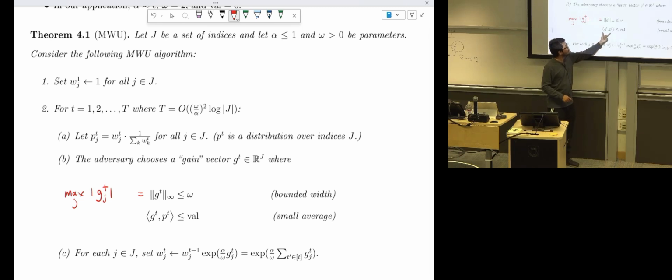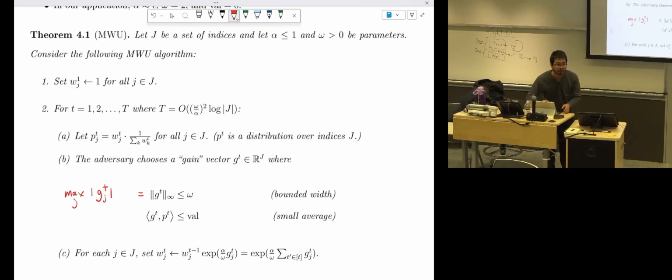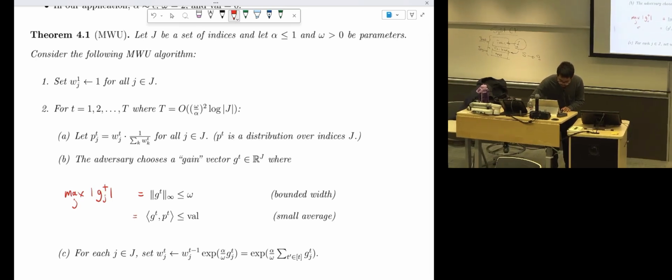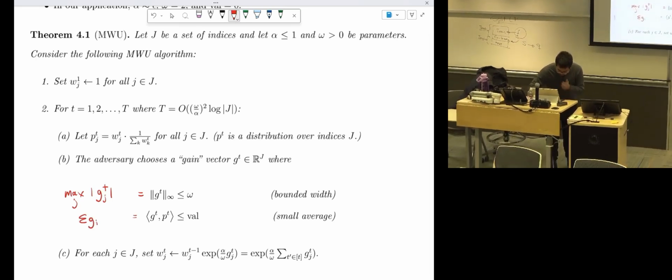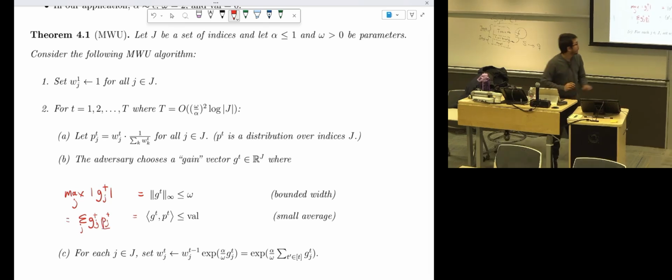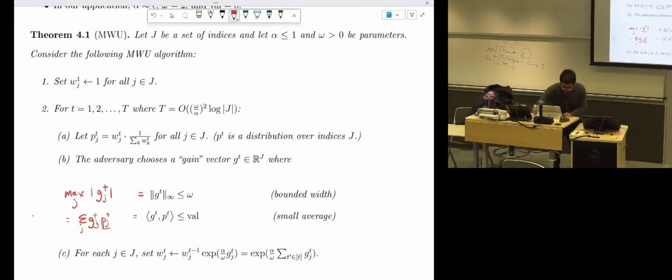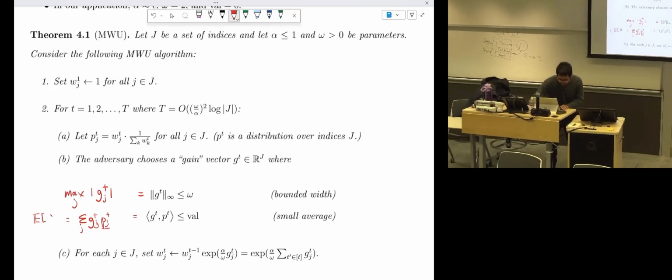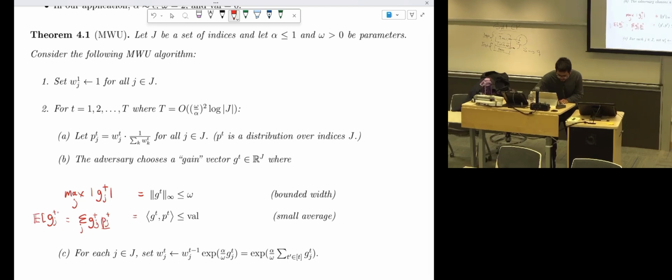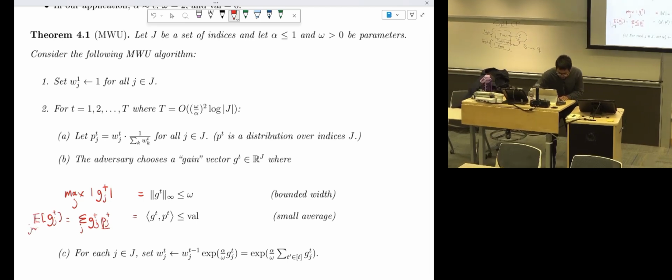And then what does this say? This thing is just an inner product, which is the sum of g_j p_j. If you think of p as a distribution, we can think of this as the expectation of g_j when you choose j according to p.